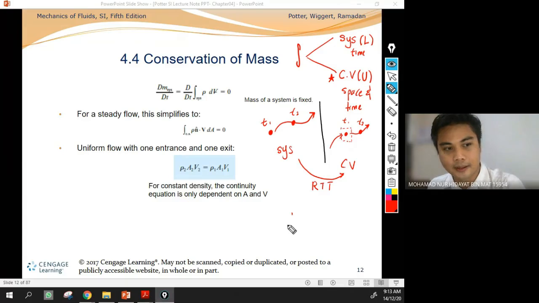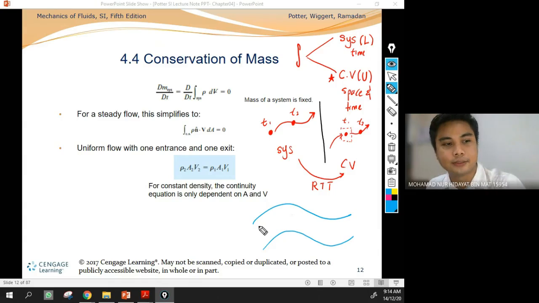For example, this is a pipe flow. This is water flowing from the left to the right, H2O. And by using the control volume definition, we actually draw a control surface here.